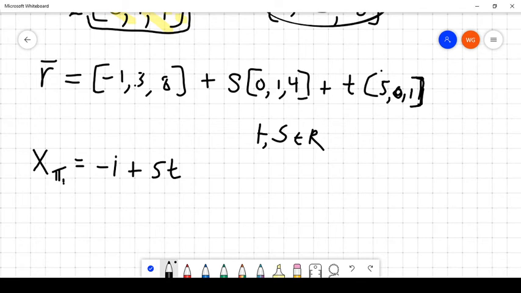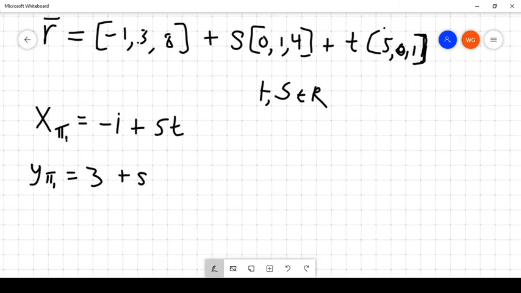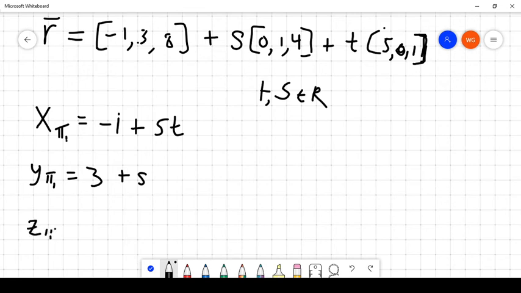Okay, the y component of the plane will equal 3 plus s, and then 0t. And the z component of the plane, well, that will equal 8 plus 4s plus t.